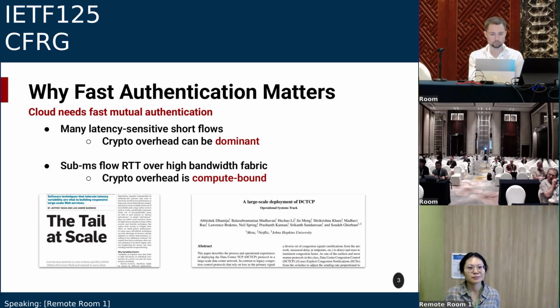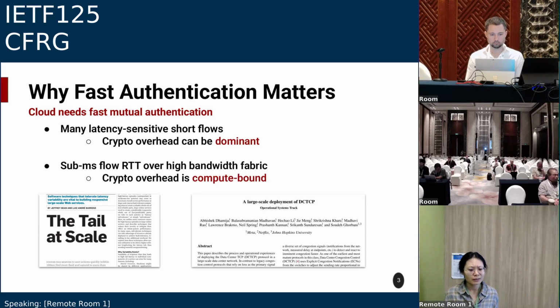Fast authentication matters in the cloud mainly for two reasons. Firstly, in the cloud, many calls finish very quickly, so most of the time the crypto operation takes a large part of the end-to-end communication cost. And secondly, the cloud uses a high bandwidth fabric and has low latency.